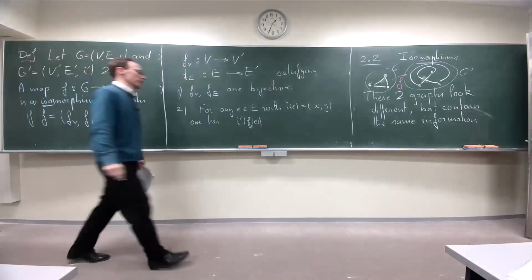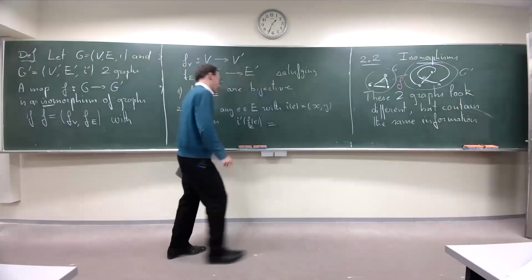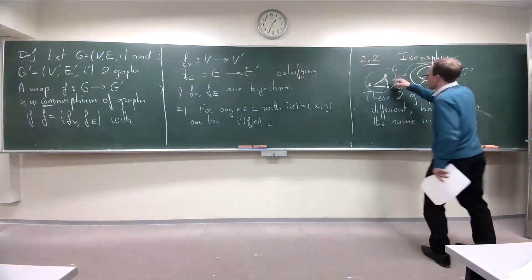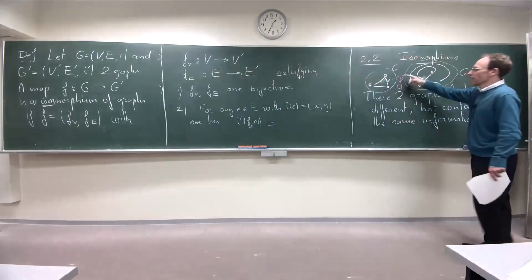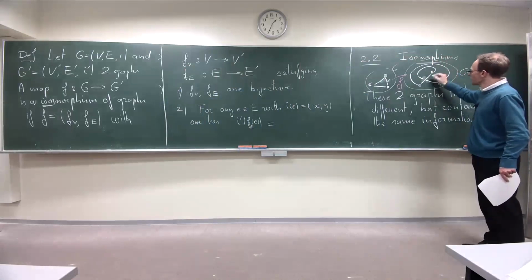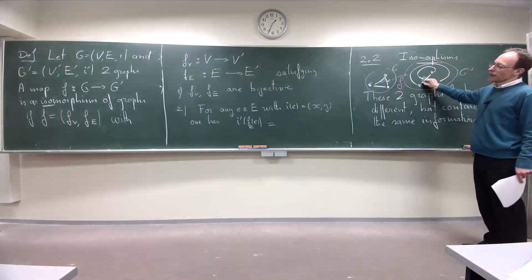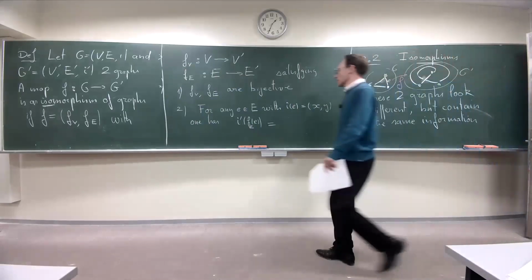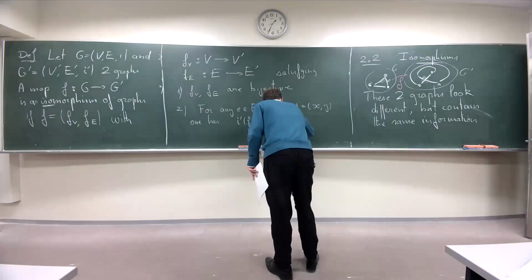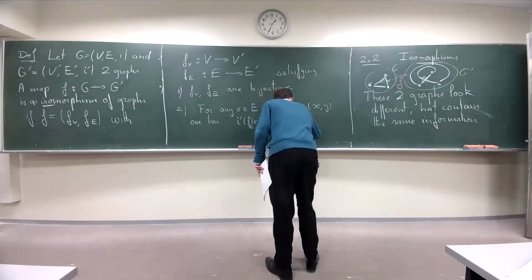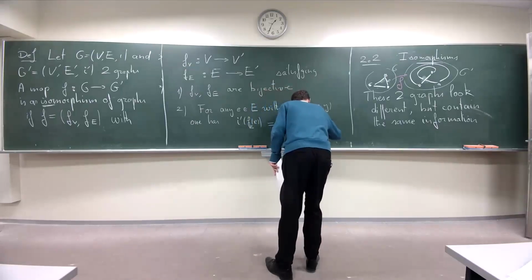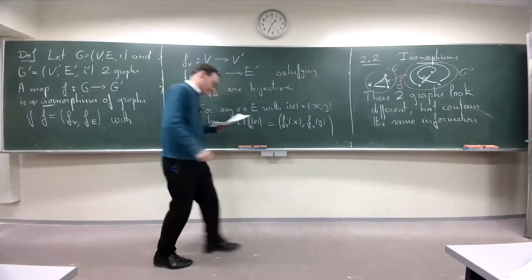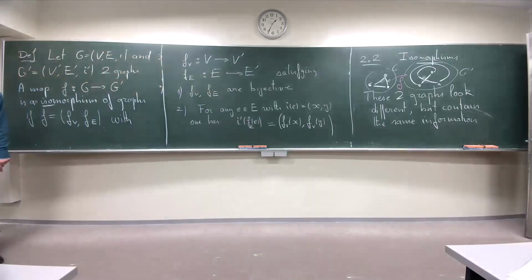Can you guess what I have to write here? I take this function, I apply it on the edge. So I take an edge here, I apply this F, which sends me on a new edge, let's say this one. And then I have to look at the 2 endpoints. Then it has to be F_V of X, F_V of Y. Please think about it. What does it mean?